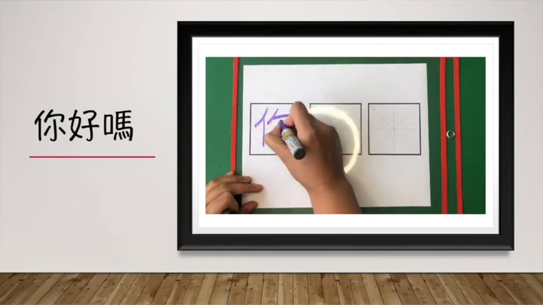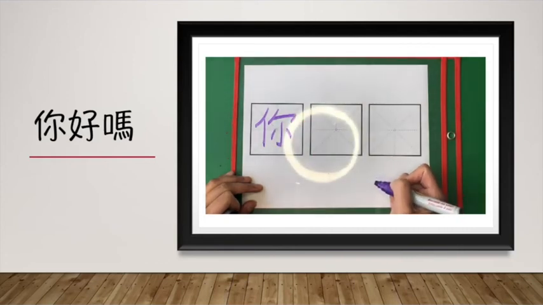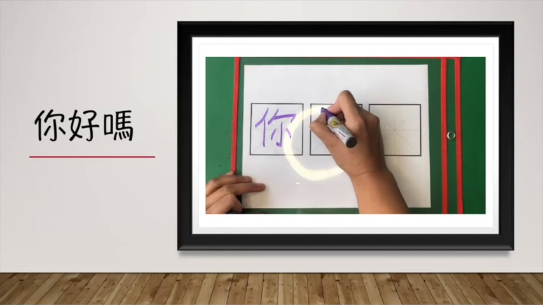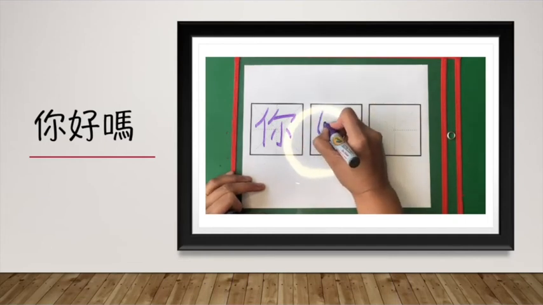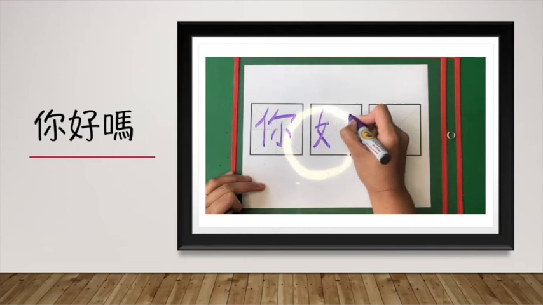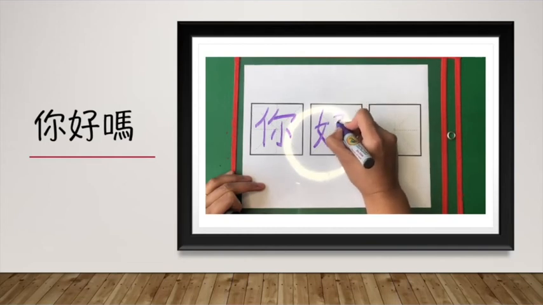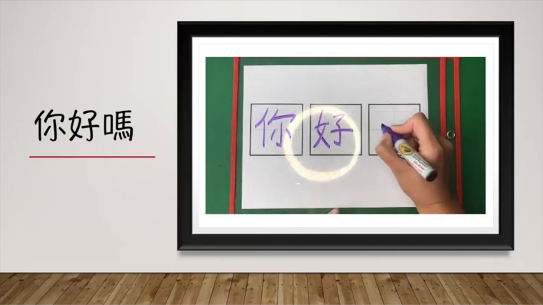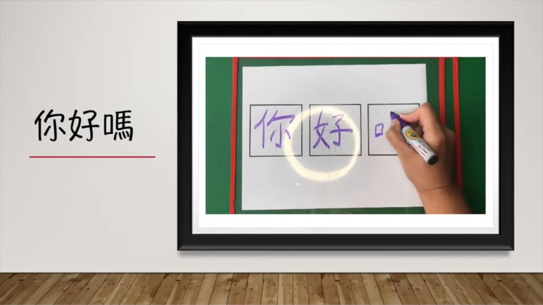The word 你 has the left side with the people radical. A radical is to help us know more about the meaning of the word. So 你 is a person. The word 好, there is the woman on the left, and there is a son on the right of that word.